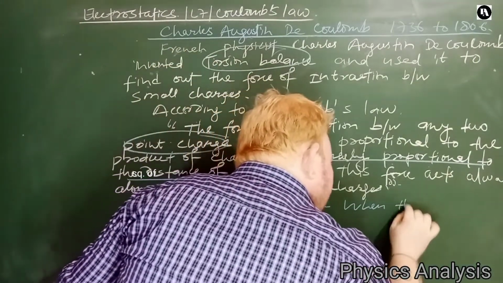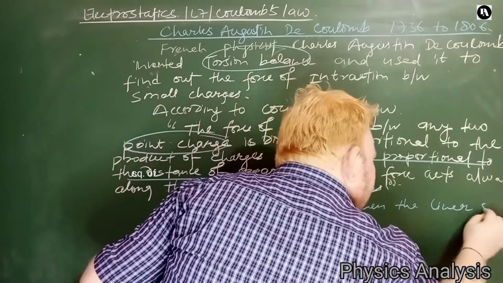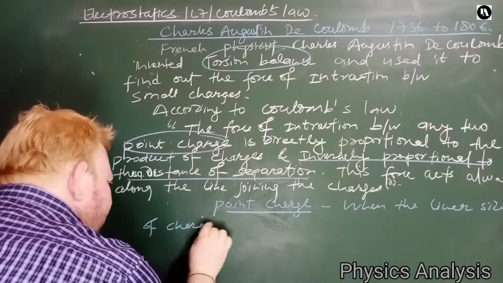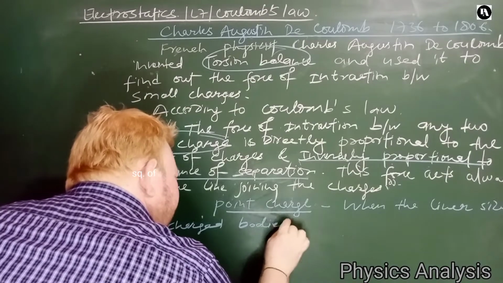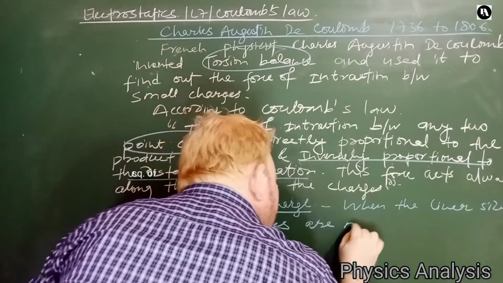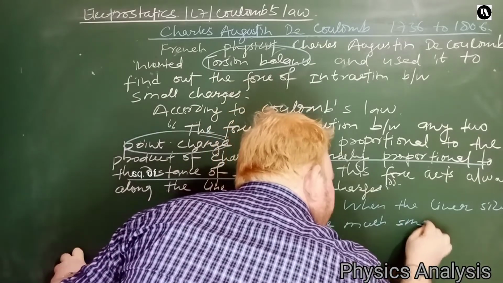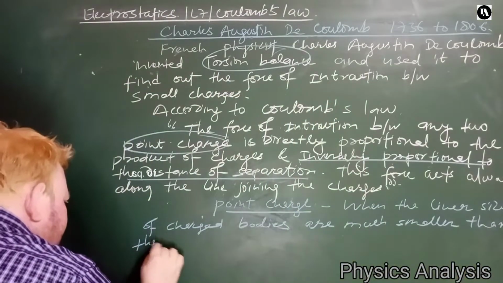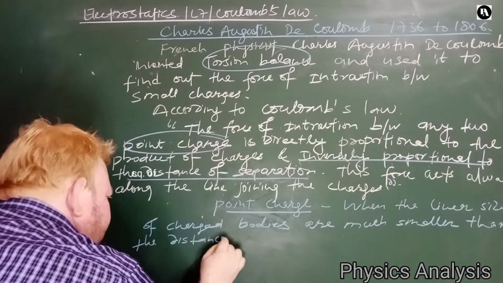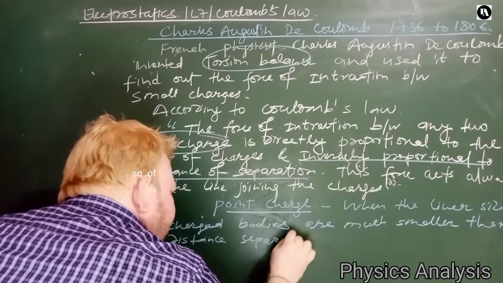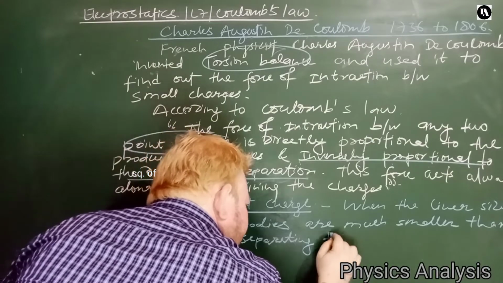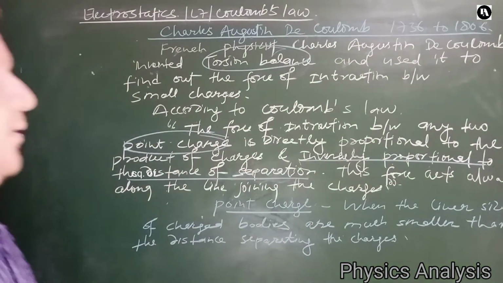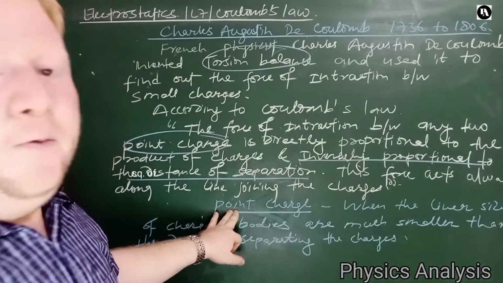When the linear size of charged bodies is much smaller than the distance separating the charges, then the charged bodies are considered to be point charges.